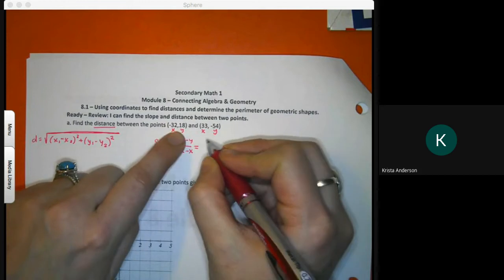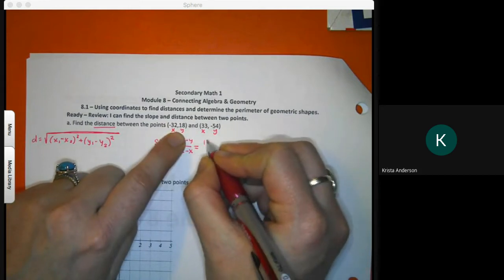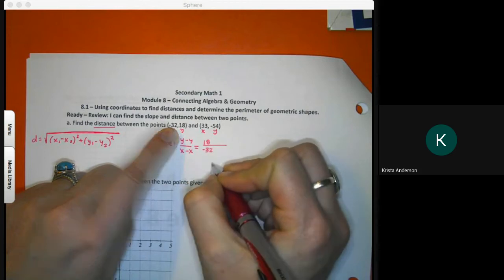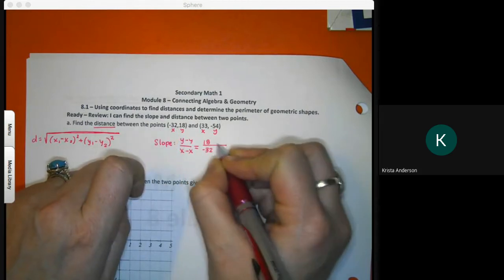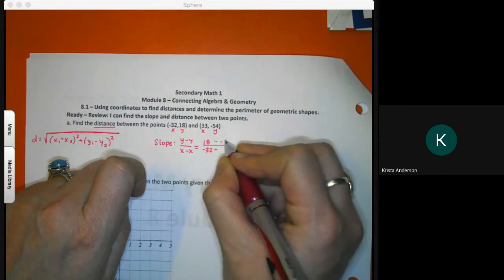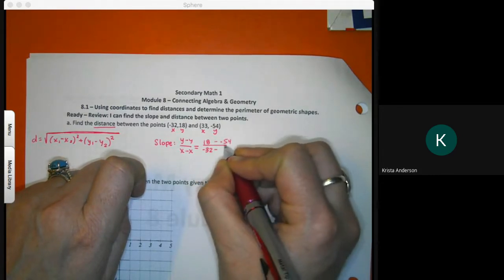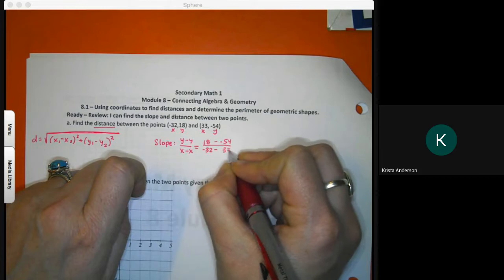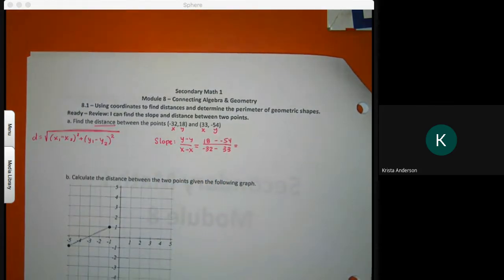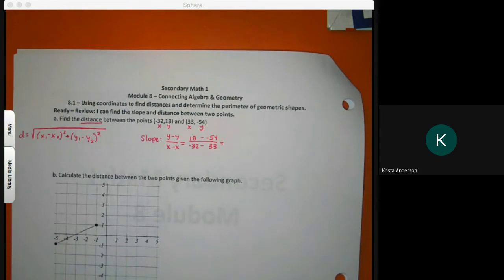So I would do 18 over negative 32, put my minus signs, negative 54 over 33. Then I would calculate 18 minus a negative 54. That will become a positive.